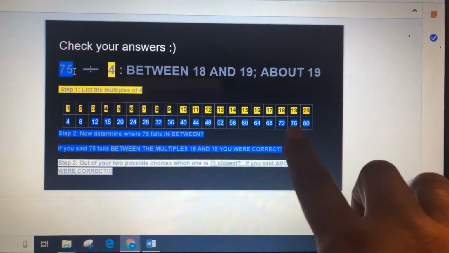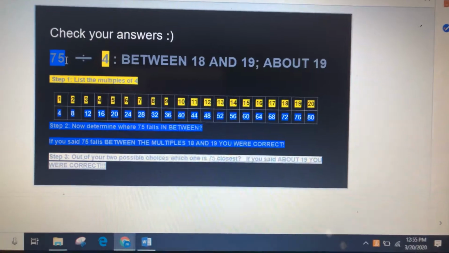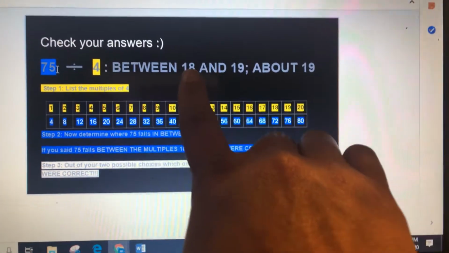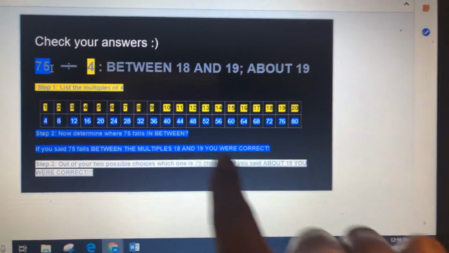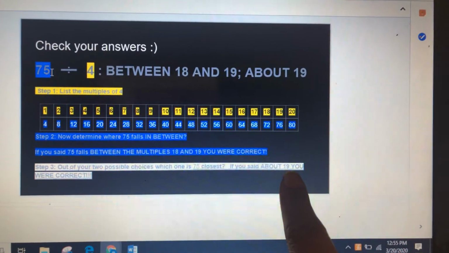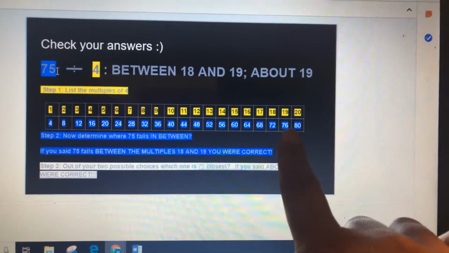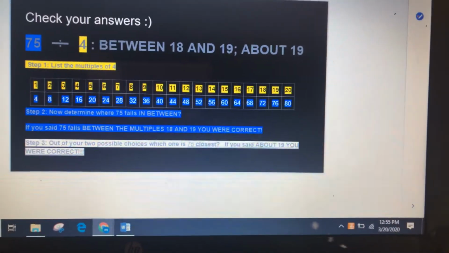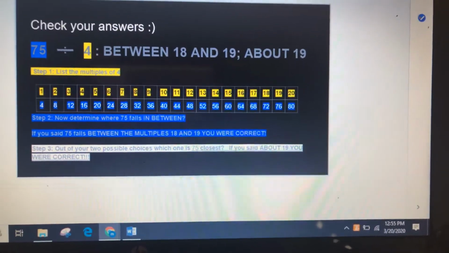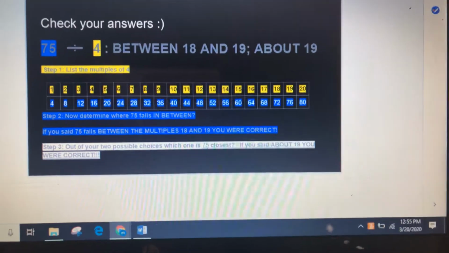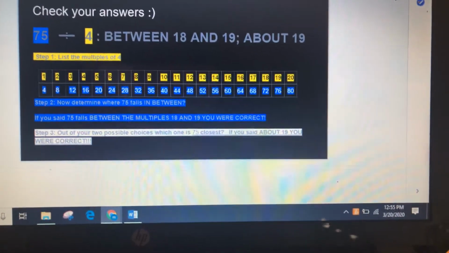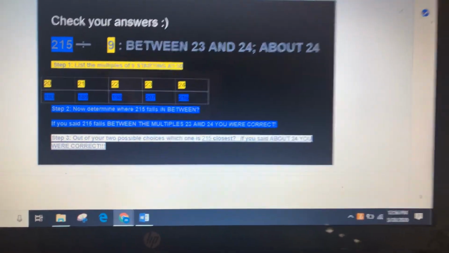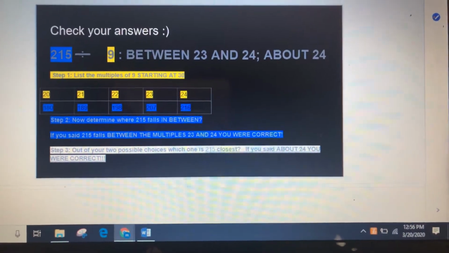So between 72 and 76, that's where 75 is. So you would have written between 18 and 19, and then also about 19, because 75 is obviously closer to 76 than 72. Sometimes you might need to write a number line to figure out how close which of the numbers are, but you probably don't at this point. You guys have been doing math long enough now.